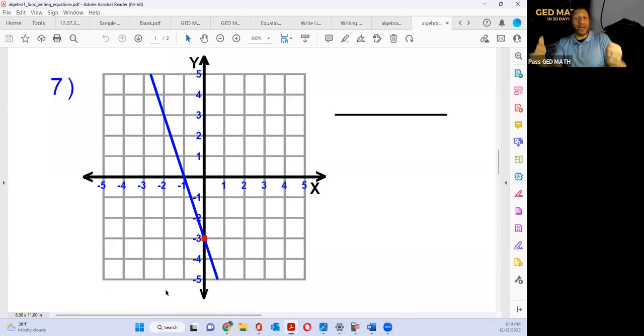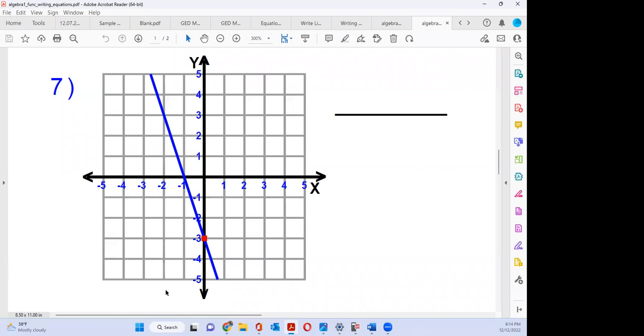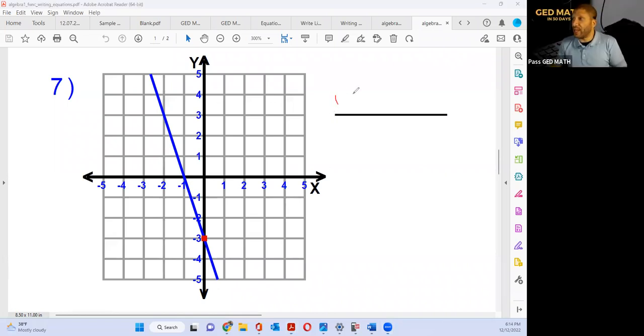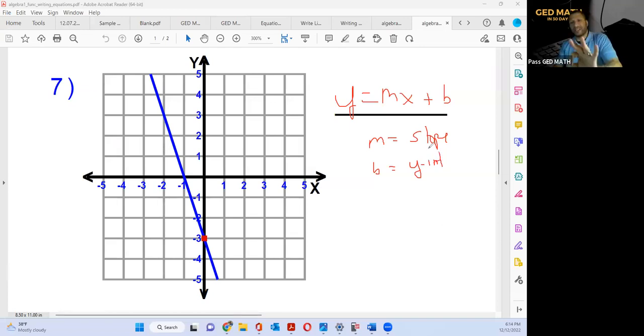But the only thing you have to send me in the chat is the equation of the line. So in the chat, the only thing you're going to send me is y equals mx plus b, whatever that is. M is your slope. B is your y-intercept.